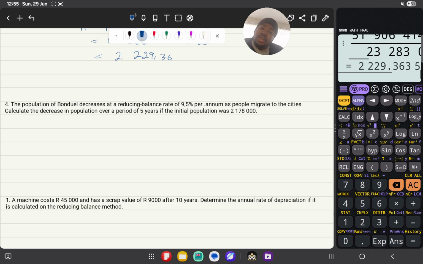So now we're not calculating A but the decrease in population. We start with A, because we have the initial population, the reducing balance rate, and the period of 5 years.